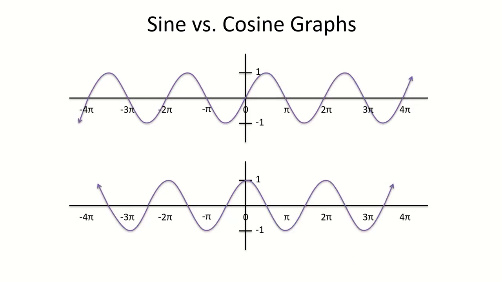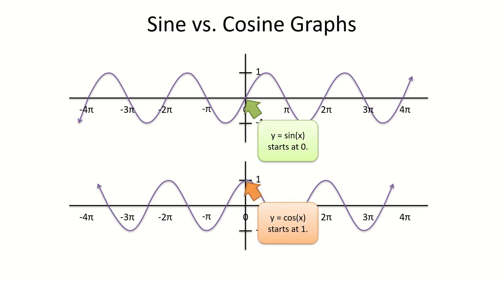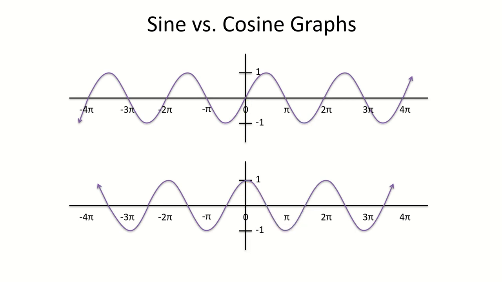So let's do a quick recap of sine and cosine graphs and their characteristics, and then we'll look at some examples from equations. Sine and cosine graphs are different because sine starts at 0 and cosine starts at 1, or the maximum. What they have in common is they both have a period of 2 pi.